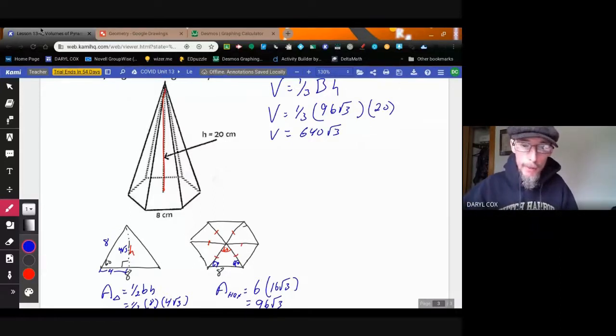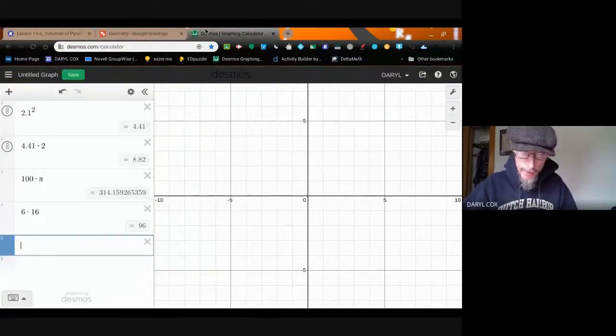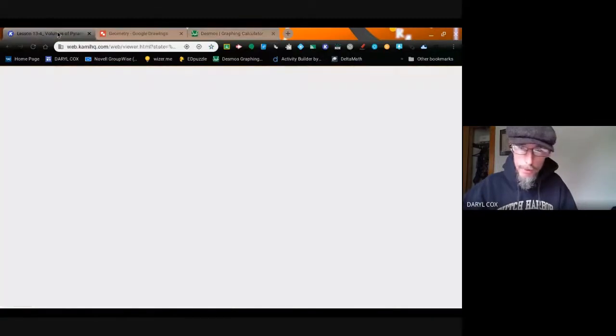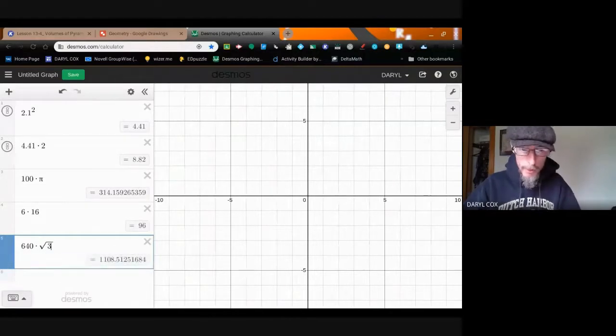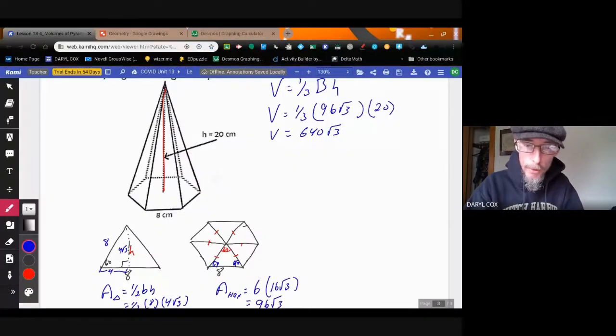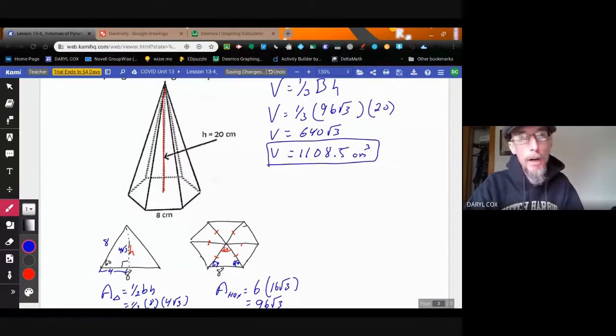And let's see if I calculated that. 640 times square root of 3 is 1108.5. Let's go with that. 1108.5 cubic centimeters.